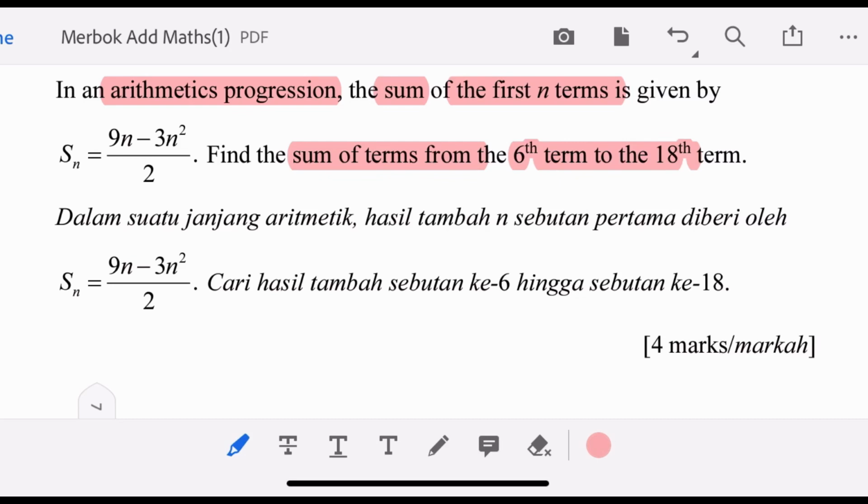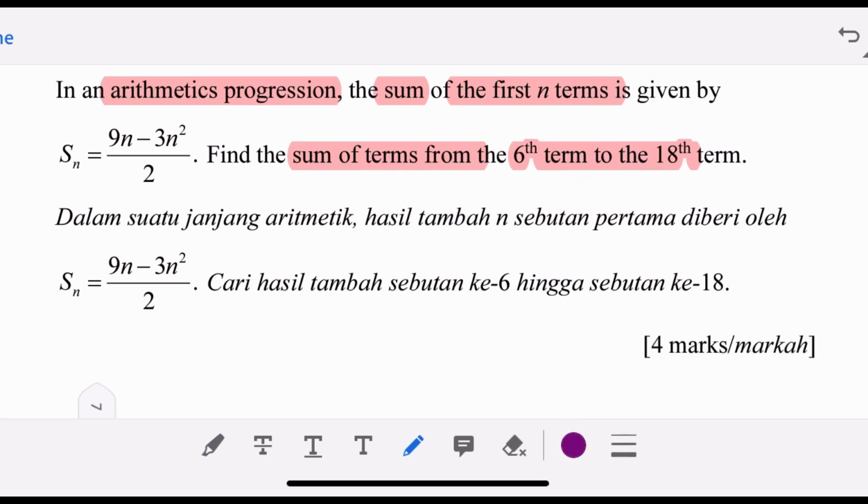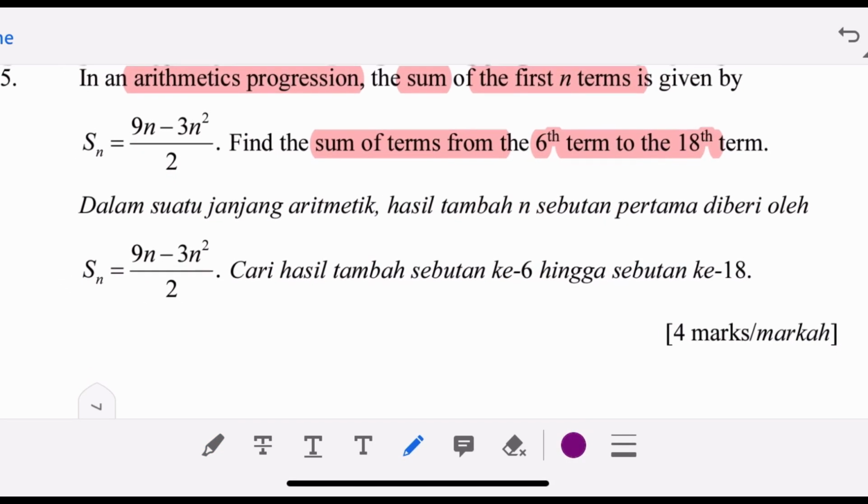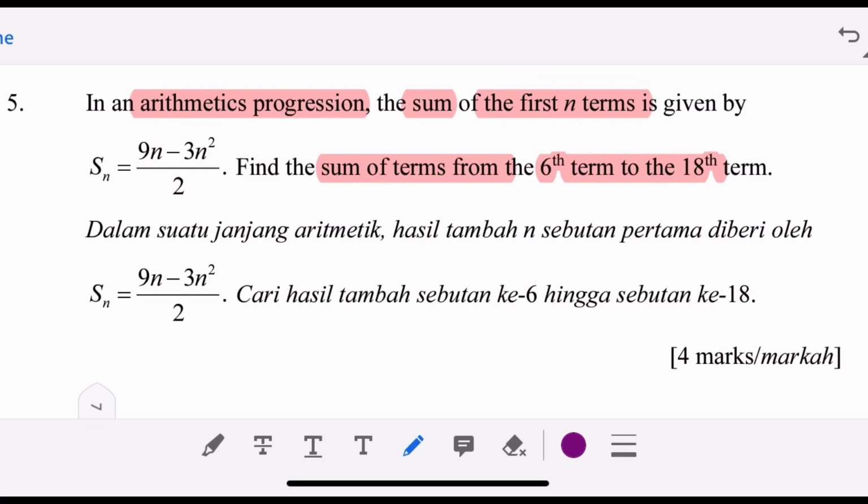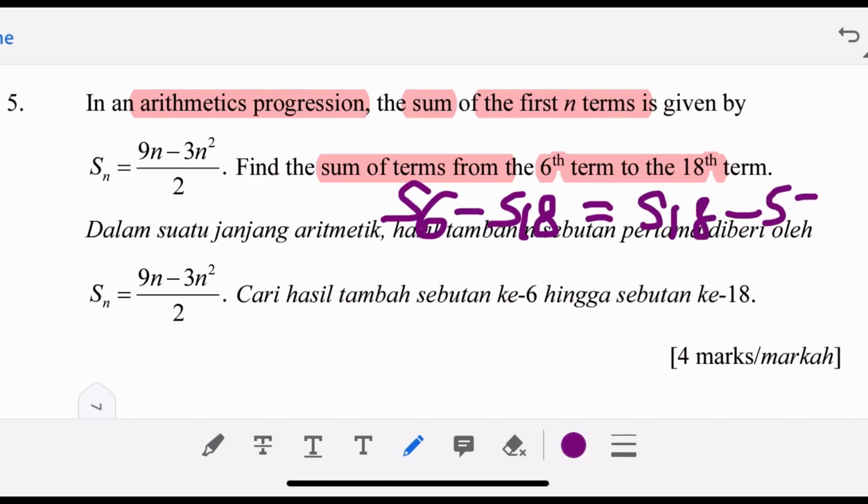So you need to take the sum from the 6th term to the 18th term as the sum of the first 18 terms minus the sum of the first 5 terms, okay, not the 6th term.